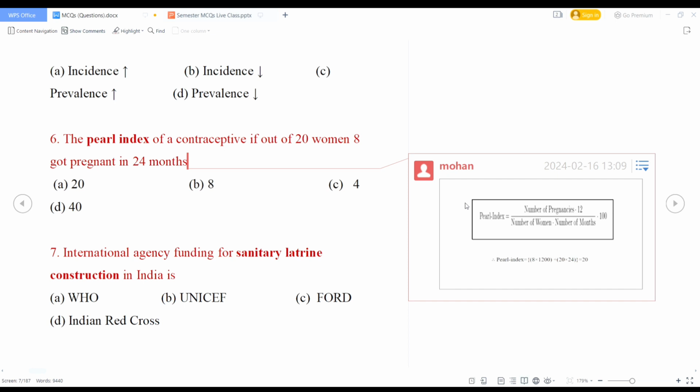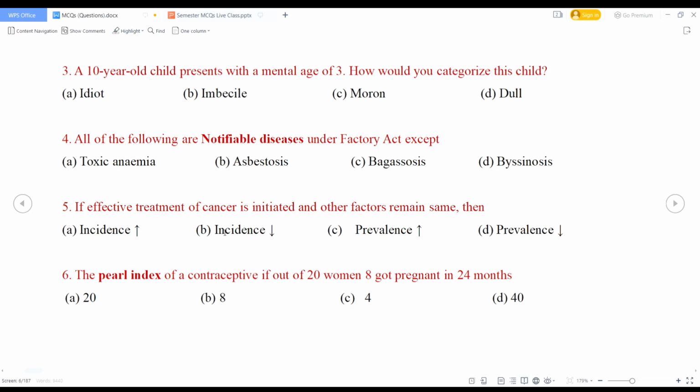Number of accidental pregnancies is 8 into 1200 by number of women 20 into number of months 24. So the right answer is 20. That is option number A. Option A.